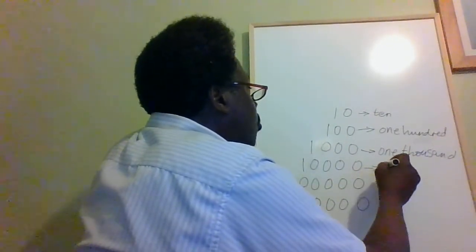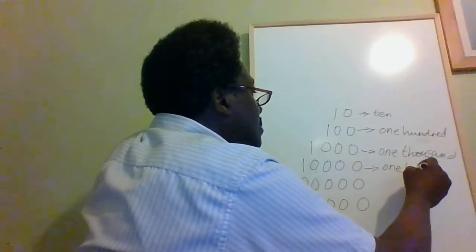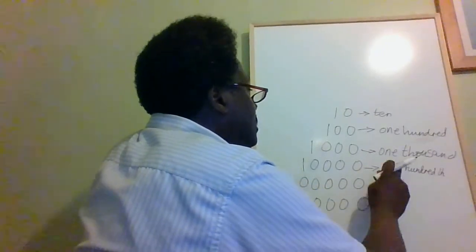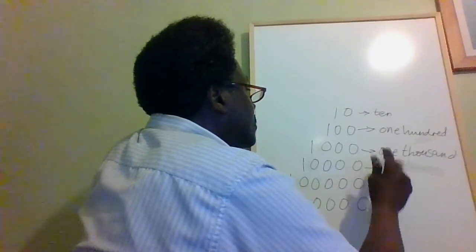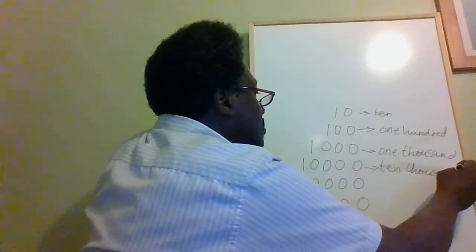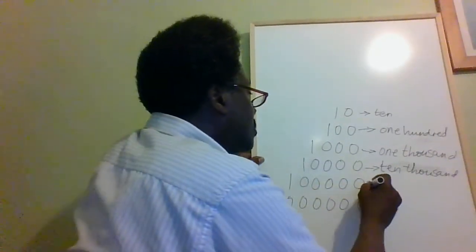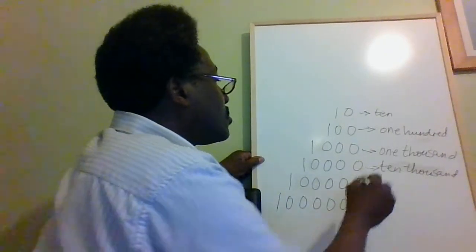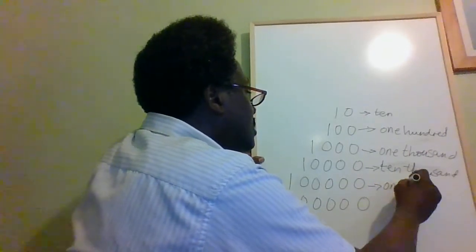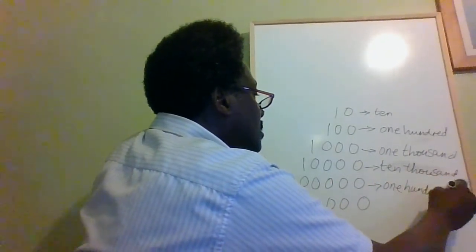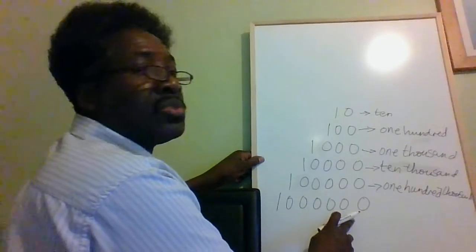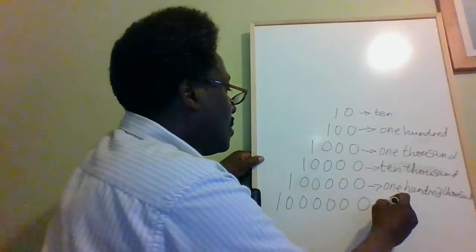This one is ten thousand. And this is one hundred thousand. So don't just say the digits, say ten thousand. But this one here, you say one hundred thousand. And here, one with 6 zeros, 1 million.